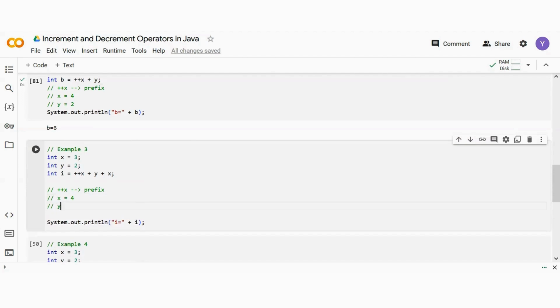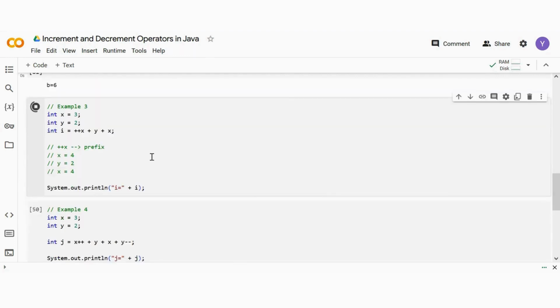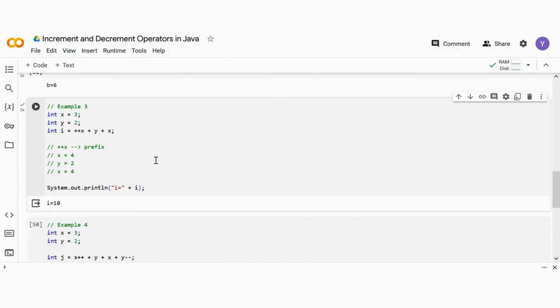And my y will be 2. There's no increment or decrement. The second x here, because I have already done the increment, will be equal to 4. So i is equal to ++x, which is 4, plus y, which is 2, and plus x here. So 4 plus 2 plus 4 will be equal to 10. Let's run it to verify. i is equal to 10.